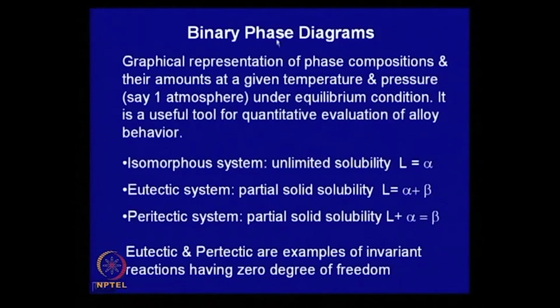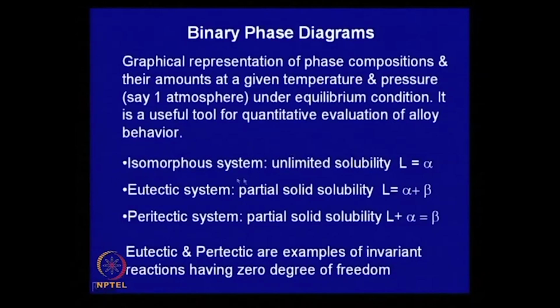These binary diagrams are a very useful tool for quantitative evaluation of the microstructure of the alloy, and hence one can also infer something about its mechanical and other physical behavior.